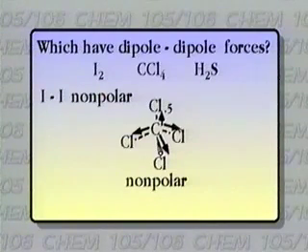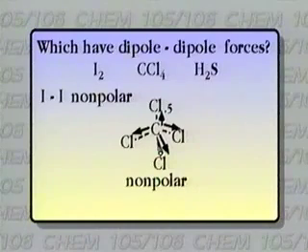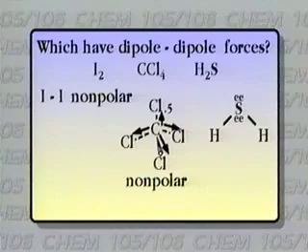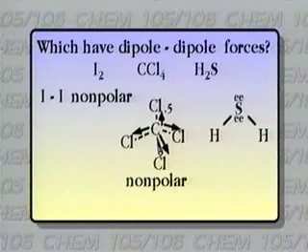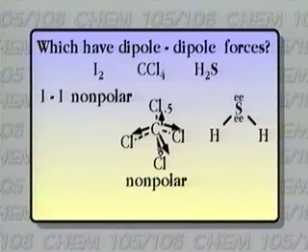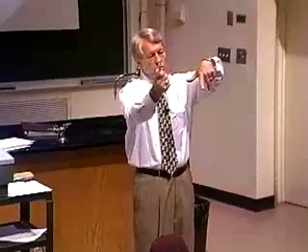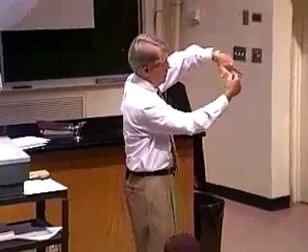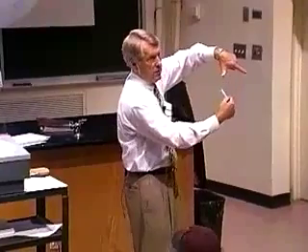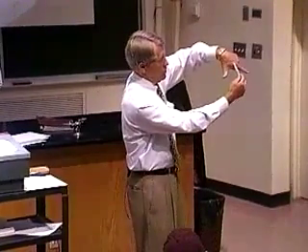Well, what about H2S? If we do the Lewis structure for H2S, we're going to end up with this geometric shape, a bent molecule, because we have two non-bonding pairs. So basically, the electrons are located tetrahedrally, but two of those are non-bonding pairs, so when we throw this one away and this one away, we're going to end up with a molecule that is just a bent or angular molecule, sulfur and the two hydrogens.